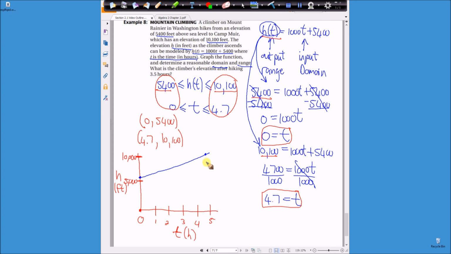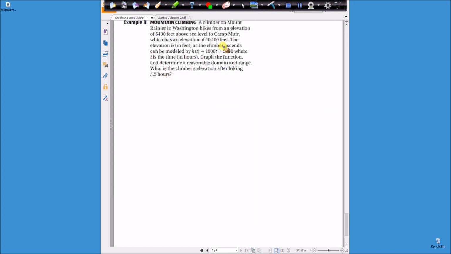There's the graph. And then there is one more question, and it says, what is the climber's elevation after hiking for 3.5 hours? You don't need any of the work we did. You just need the function, and you're just substituting. So h of t equals 1000t plus 5400, and they're asking what happens when t is 3.5.